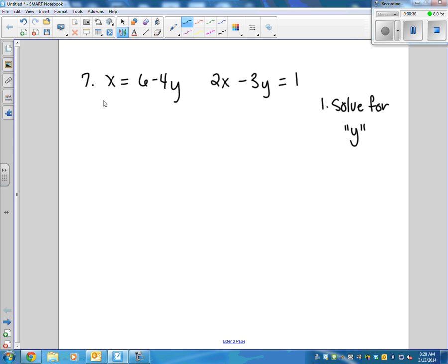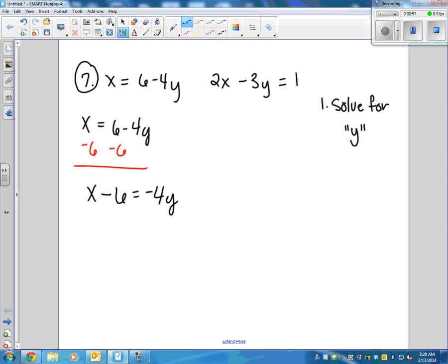We're going to solve both equations for y. So I'll start with this equation. If I say x equals 6 minus 4y, what's my first step in solving for y? I'm going to subtract 6 from both sides. Good. And I will get x minus 6 equals negative 4y. What's my next step?